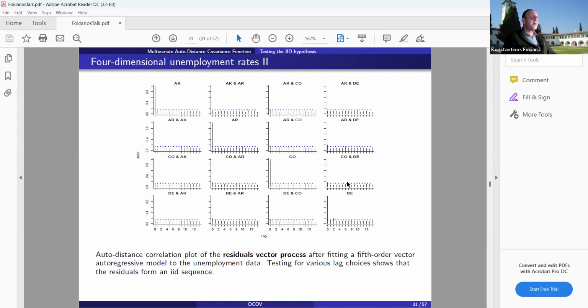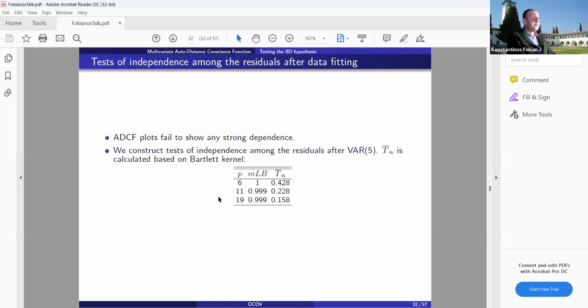There are no lines exceeding these blue bars. The blue bars come out of the wild bootstrap, as I said, and we can do the testing. We have used the Bartlett kernel for different lags. This is the multivariate Ljung-Box statistic, and this is our statistic. So we are quite happy about the results of the test.